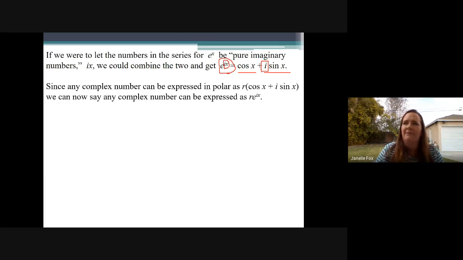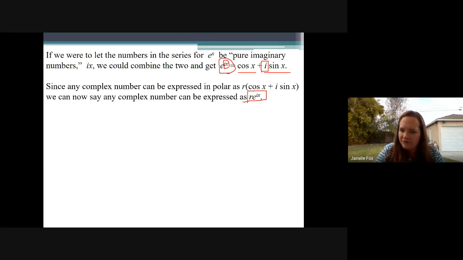We're not going to take the time to actually do it out. I just need to show you that it happens. Do you remember that cosine x plus i sine x in polar? That was your cis notation. So what we're going to do is a little bit of a combo of transferring something to another thing.